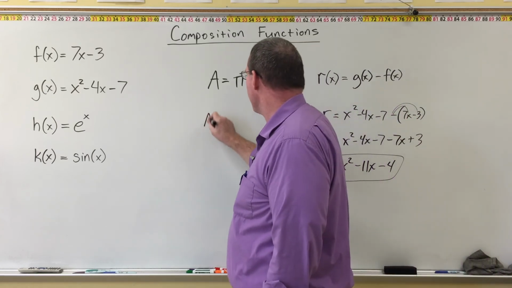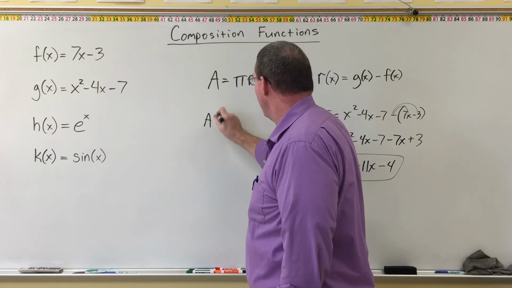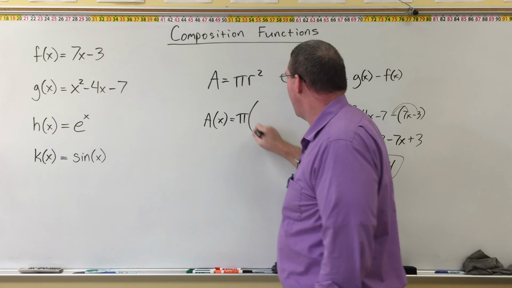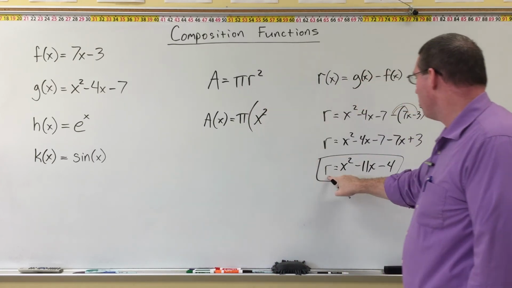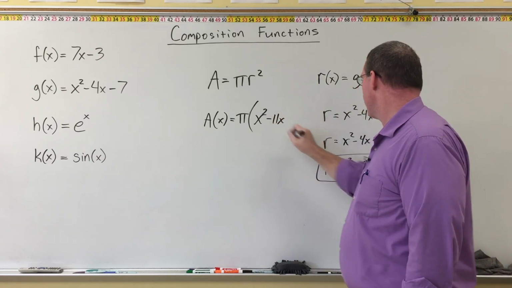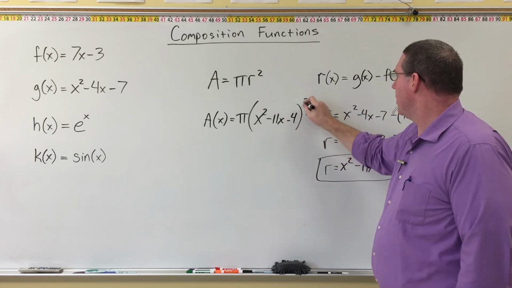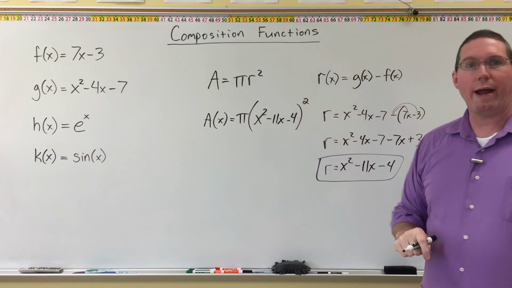And so what we can do here is represent area as a function of x, which is pi times the radius, replacing the radius with what the radius is equal to: x squared minus 11x minus 4. Then we have to square it because the area formula is pi r squared.